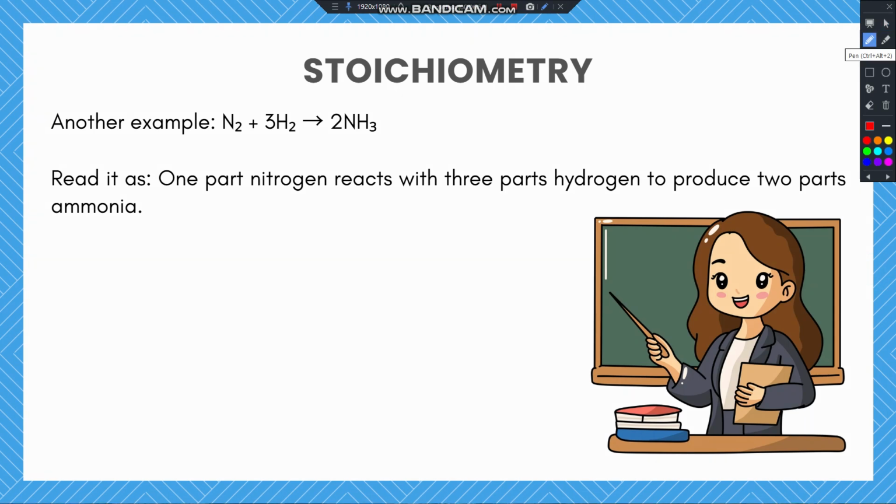So we have this equation on the screen. N2. There is no number standing in front. Okay, that automatically means there's an imaginary number 1 here.